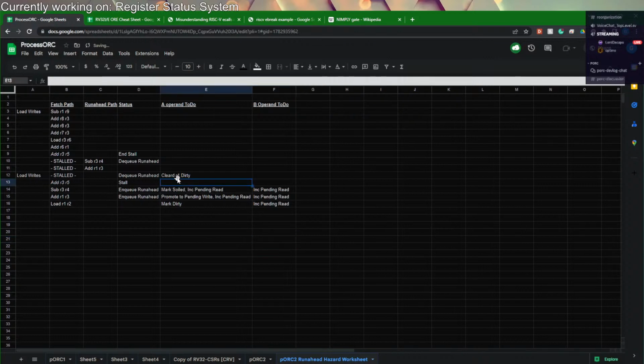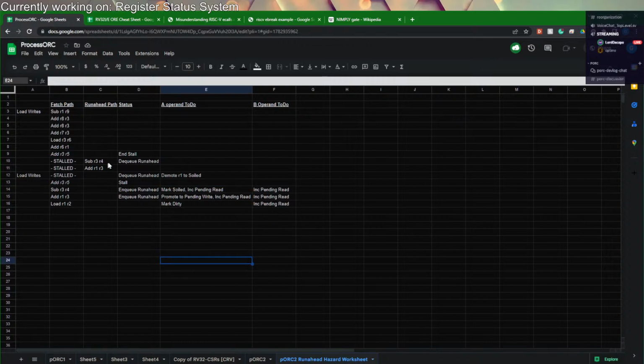Okay, so you clear R1 dirty, or demote R1 to dirty. Yeah, because R1 is now in the run ahead queue. Oh, hold on, no, wait. This needs to demote to soiled, because it's soiled right now.